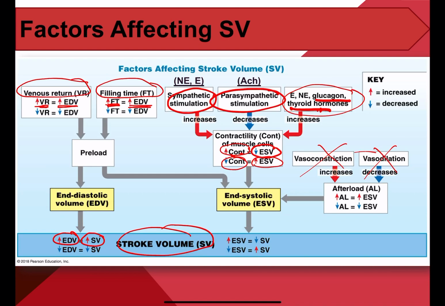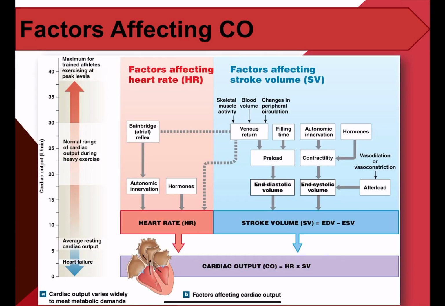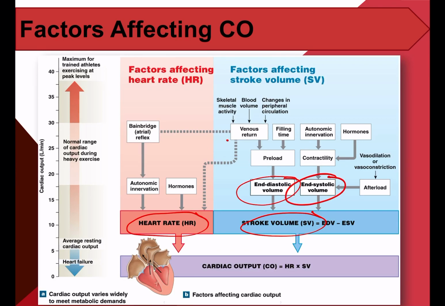But that ultimately also has to do with your ESV, okay? And this is just another summary chart that goes over what can affect heart rate, what can affect stroke volume, which has to do with your EDV and ESV, and what kind of stuff will affect these values here.